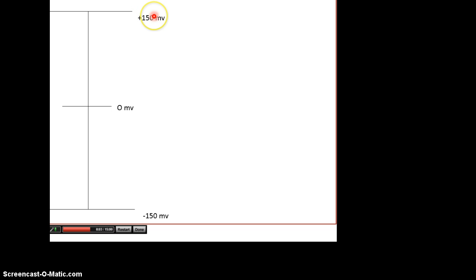If you have a situation where there's a negative side and a positive side, then this is referred to as polarized. If the inside of the membrane is negative and the outside of the membrane is positive, it can be said to be polarized. If you move towards the middle in either direction, then that is becoming depolarized.